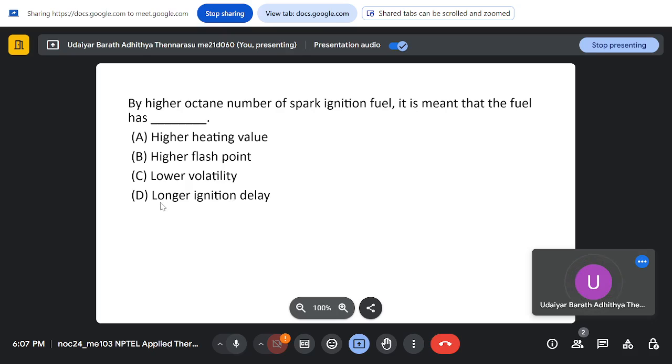Out of the four, option D is the correct one, because if you have a longer ignition delay, the chance of knocking is very low, so you can avoid knocking. So higher octane number signifies this longer ignition delay.